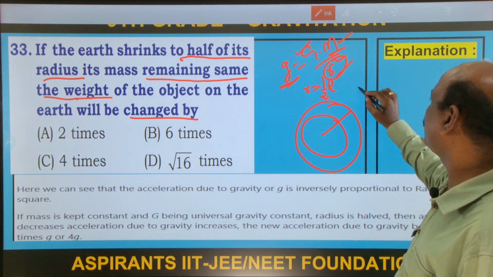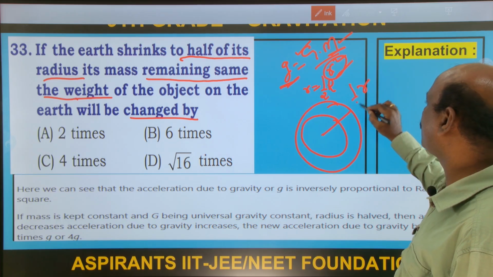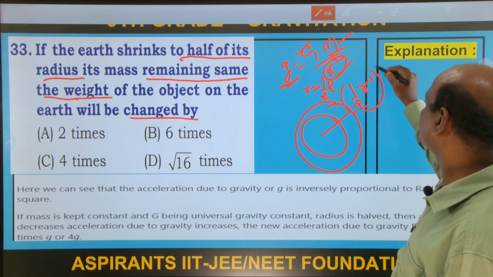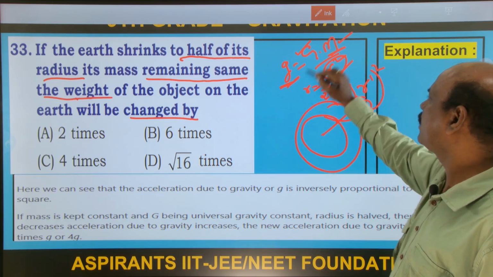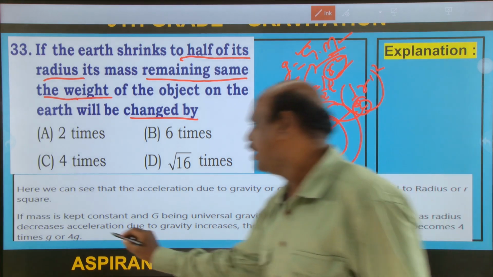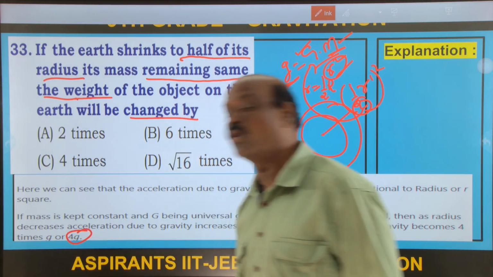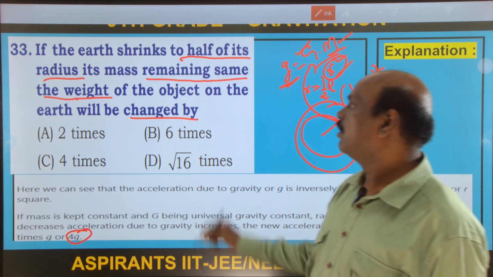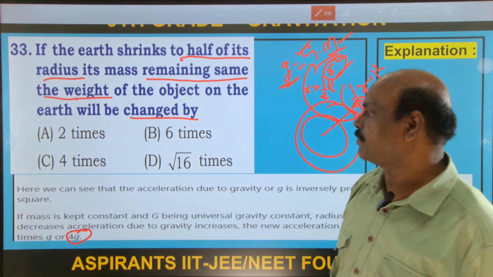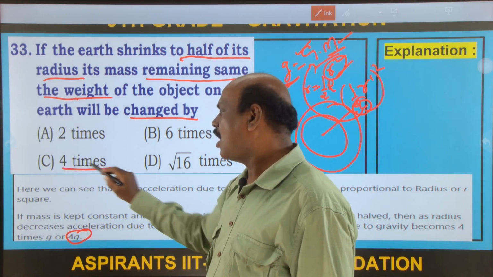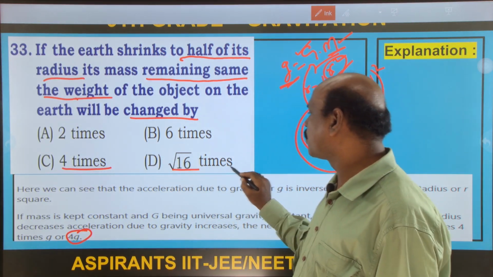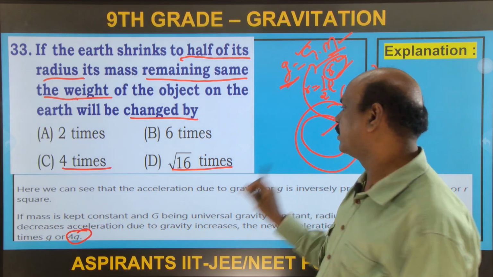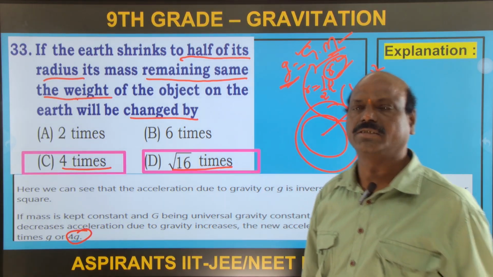So r becomes 1 by 2 r dash square. So this goes to the numerator, so it increases by 4 times. So what happens? The gravity increases by 4 times, or 4 times we can also take as root 16 times. So both the answers are correct.